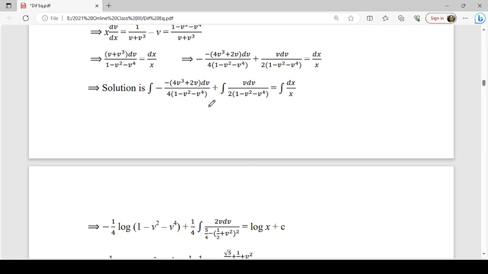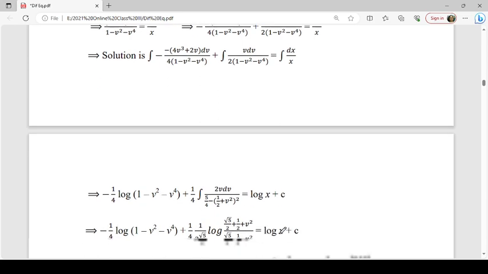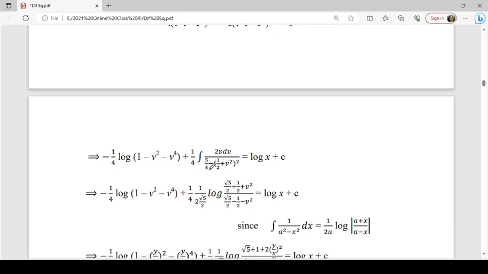So this will come in terms of log, and this is again we are making it a sum of squares, so that we can substitute this v square as u, and derivative of v square is 2v, this is now du, and it is in the form 1 by a square minus x square, it is 1 by twice a, then log of a plus x by a minus x.